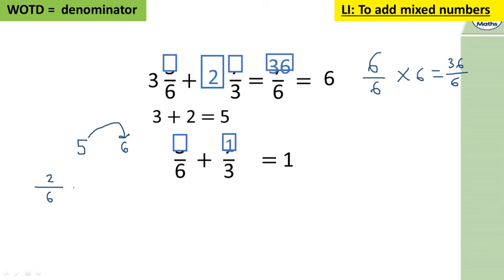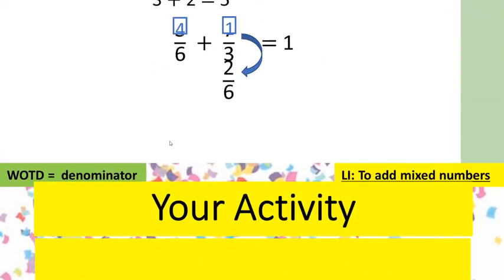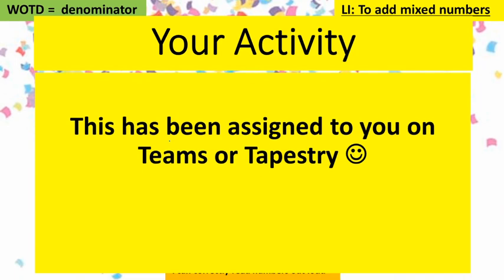To get to 6 sixths, which is a whole, I need to add 4 sixths. So that has to be 4 sixths. So an option could be 3 and 4 sixths plus 2 and 1/3, which is 36 sixths, which is 6 wholes.